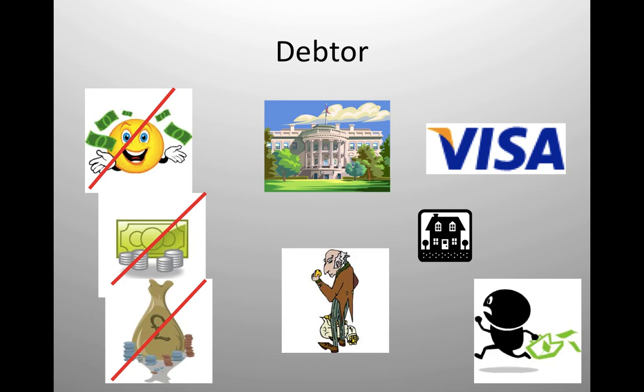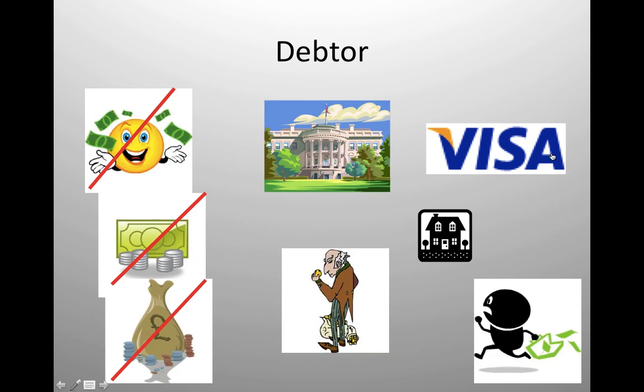So I'm looking at the picture examples on this screen, and I have a little smiley face emoji just throwing money in the air like he's got plenty of it with a red line through it. I have a stack of money here and a big bag of cash here, but those have red lines through it as well. So I'm thinking that these are non-examples of what a debtor is.